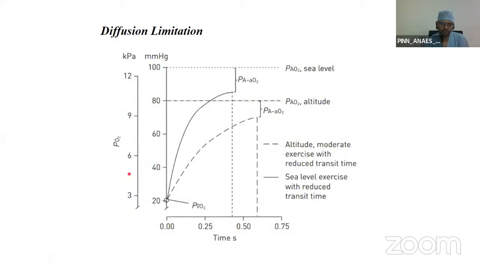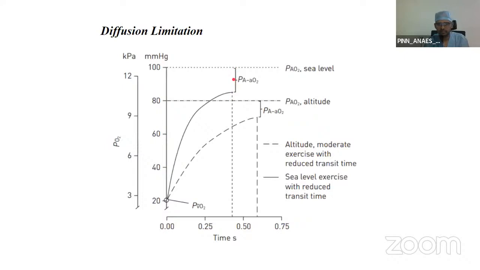So the same graph is represented here for people who are exercising at sea level. The solid line represents individuals who are exercising at sea level, and the dashed line represents individuals who are exercising at altitude. As you can see, in individuals like athletes who are exercising at sea level, the PaO2 doesn't rise to 100 millimeters of mercury as it is supposed to.